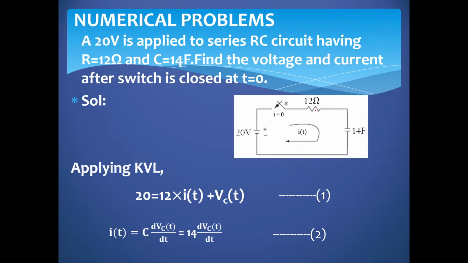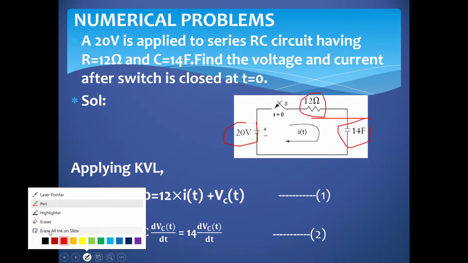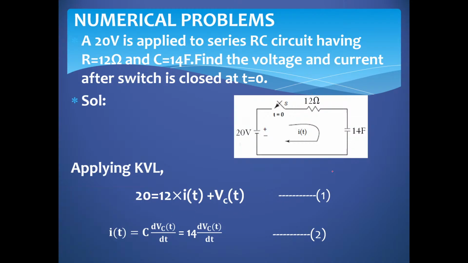Here R value is 12 ohms, C value is 14 farad. Supply voltage is 20 volts. So write down the question and draw the circuit. So maybe within 10 minutes I will conclude this session.